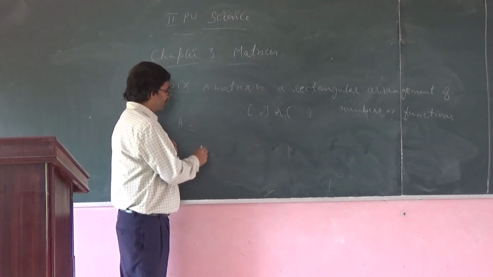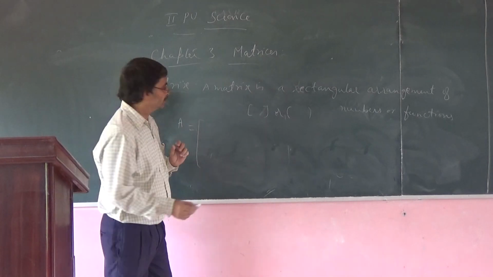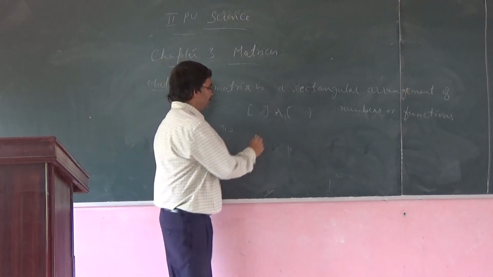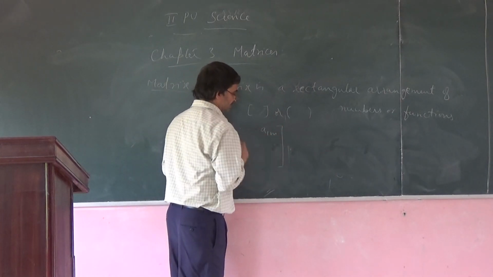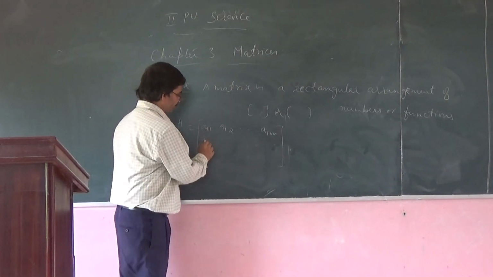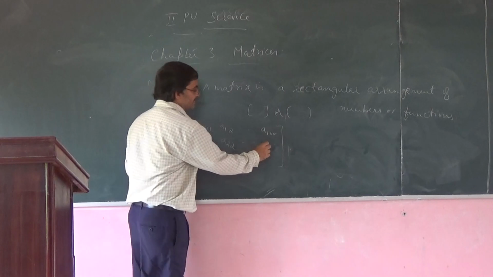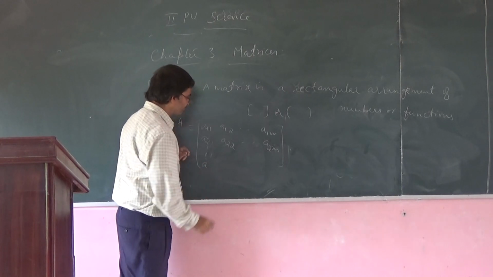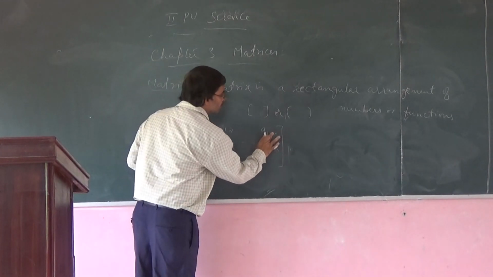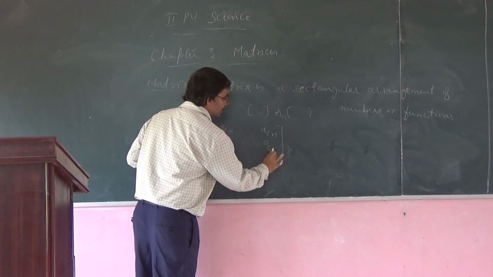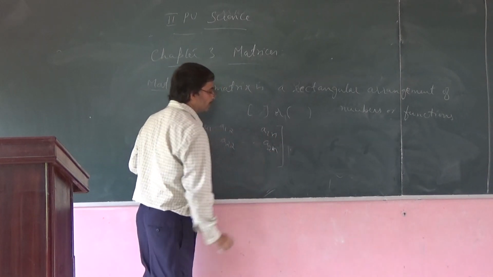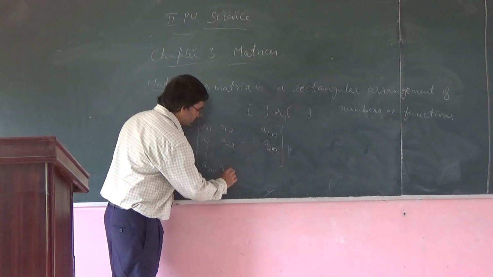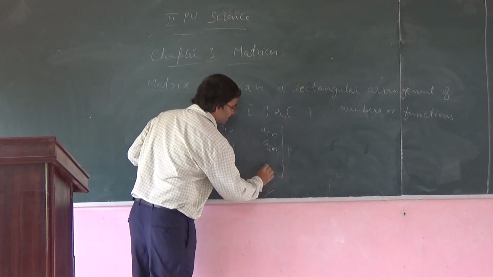So matrix A is of the form: A11, A12, dash, A1n; A21, A22, dash, A2n; and so on, up to Am1, Am2, dash, Amn.